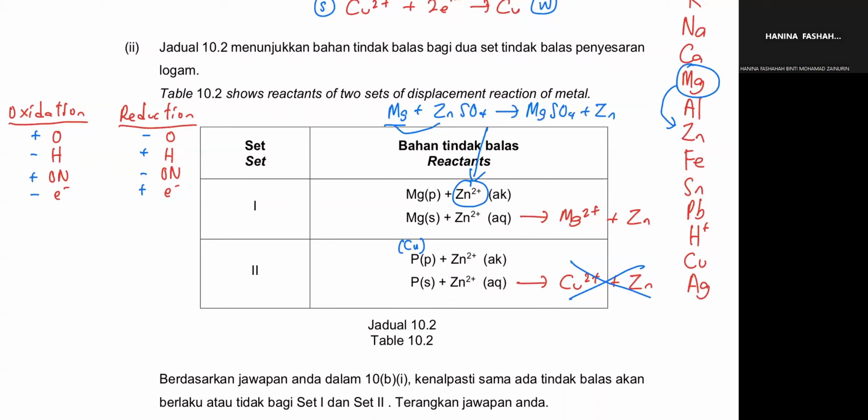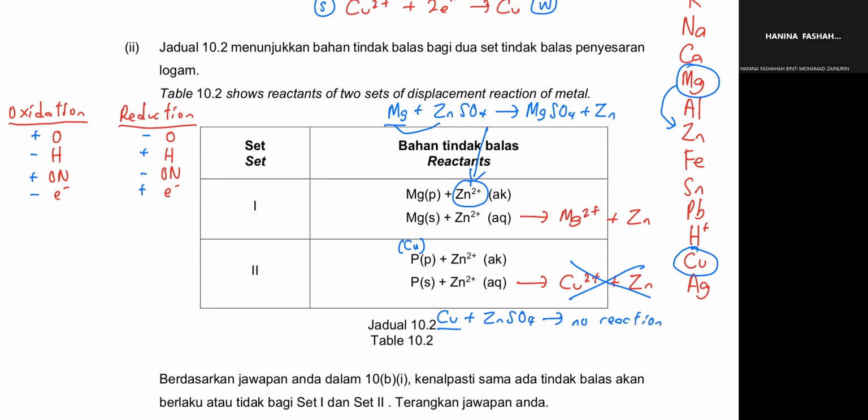But the other one is copper. Copper react with zinc sulfate for example. Do you think it got reaction? The answer is no. Why? Copper at the bottom. So copper weaker means less reactive. So copper not strong enough to take away the SO4 from zinc. So there's no reaction here.